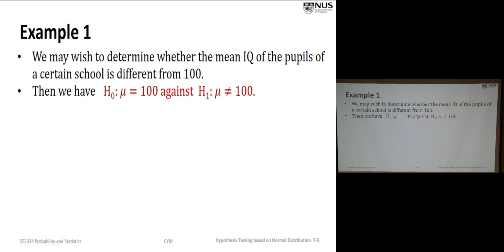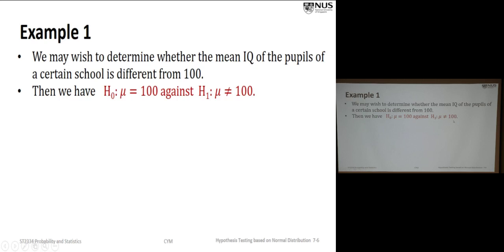IQ is supposed to depend on your age also, right? This quotient is compared with the same age group, right? Anyway, this psychology thing is not our subject. But let's assume that we are measuring the IQ, and this particular population has mu equal to 100. That means the average IQ of all the students in this school is 100.